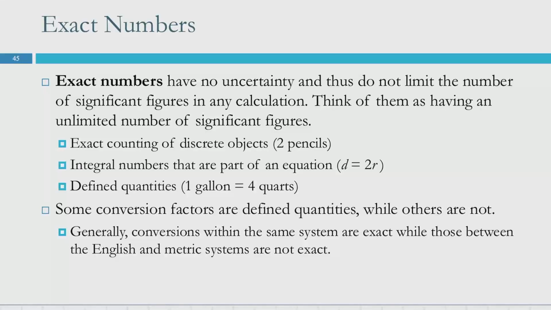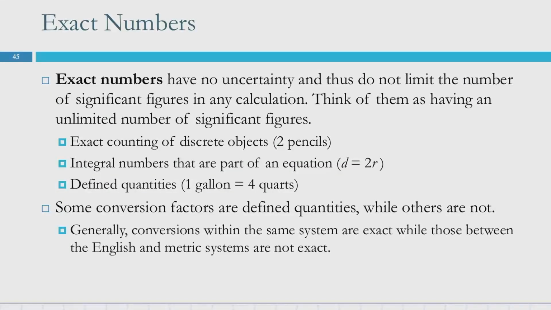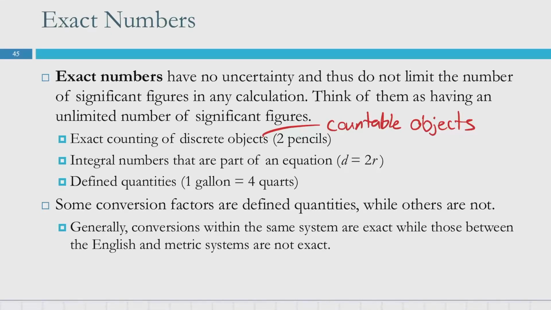There's always going to be a whole number of students in a classroom. So that would be discrete objects. Or maybe we could call those countable objects. Might be slightly different. Things that you can count in whole numbers, like students, pencils, apples.